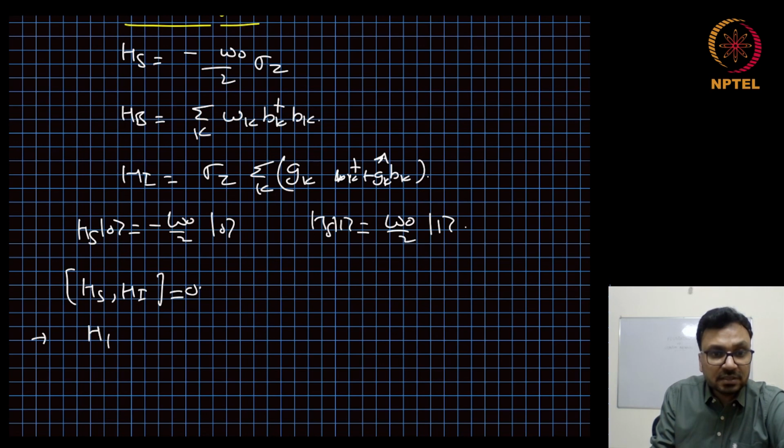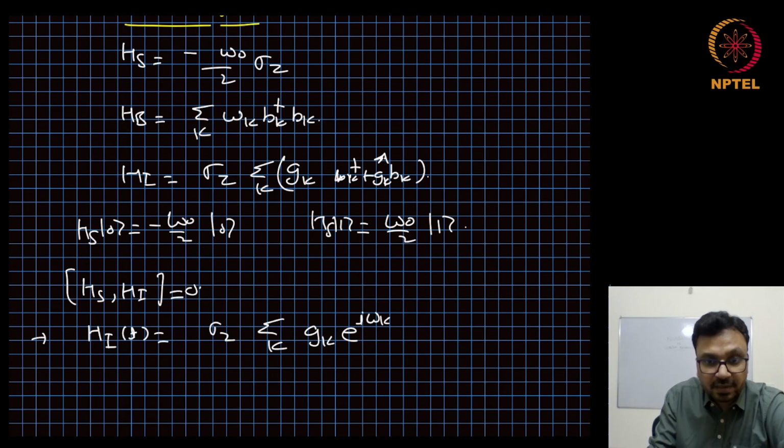In the interaction picture, the interaction Hamiltonian will look like σ_z sum over k of g_k exp(iω_k t) b_k† plus g_k* exp(−iω_k t) b_k.